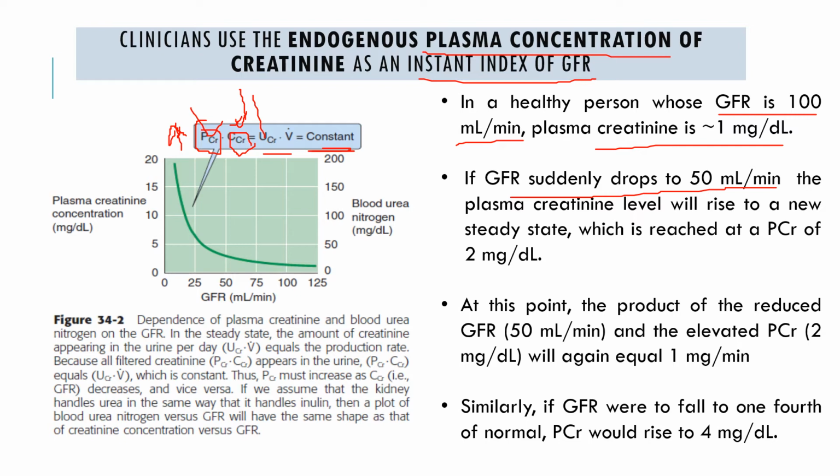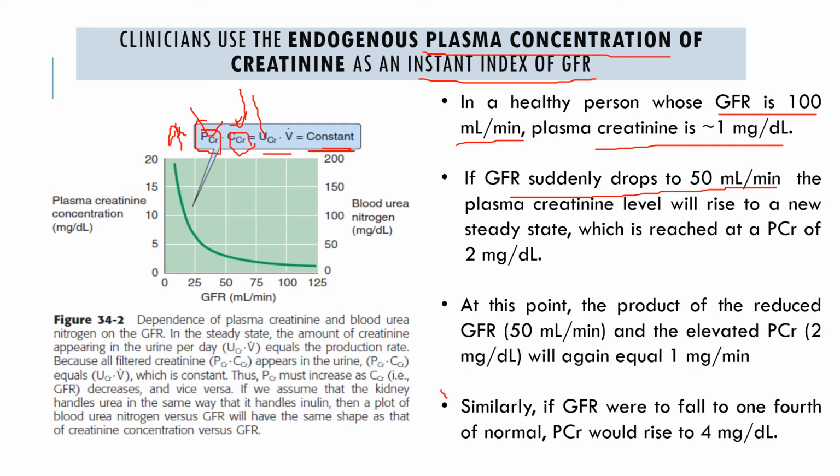So plasma creatinine, which was initially 1 milligram per deciliter, will become 2 milligram per deciliter, so that if we multiply this 2 milligram per deciliter with the 50 ml per minute, we get the same constant value of elimination, that is 1 milligram per minute.